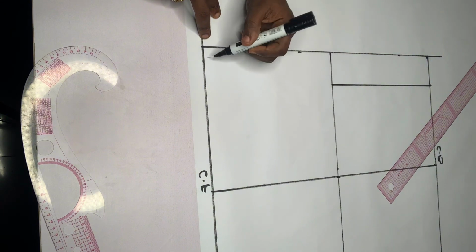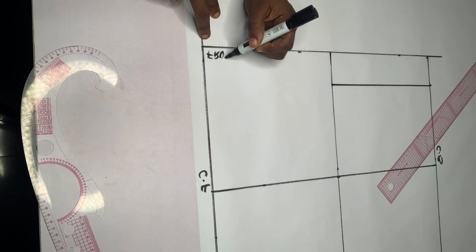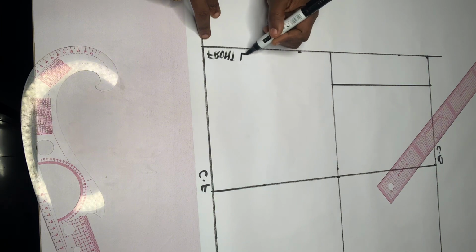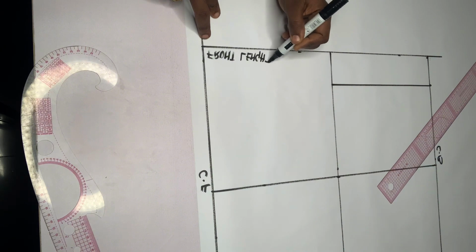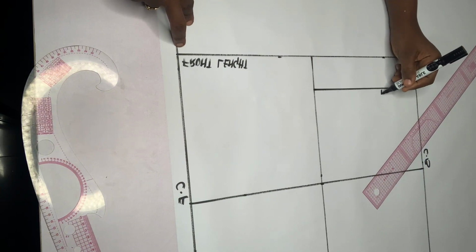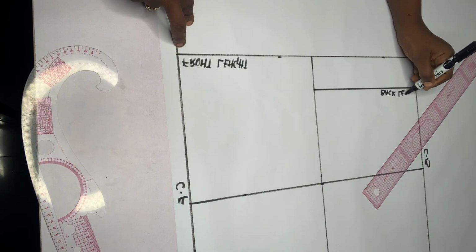That would be your back length, and then the other side, the 18 inches, is going to be the front length. Go ahead and label your pattern, the front length, and the other side is the back length. So this will guide you when drafting your pattern.